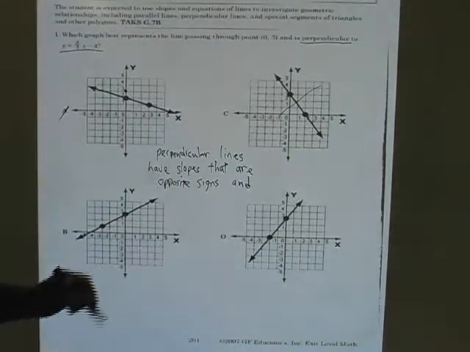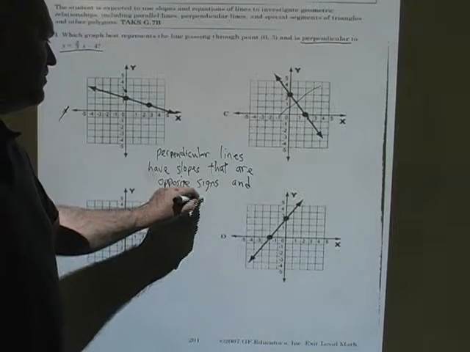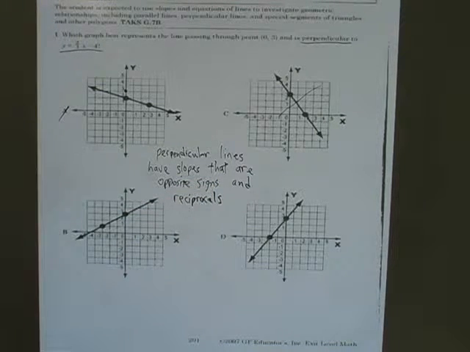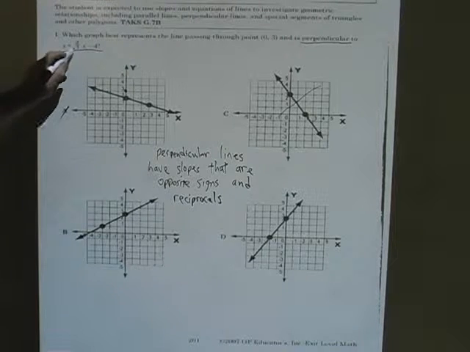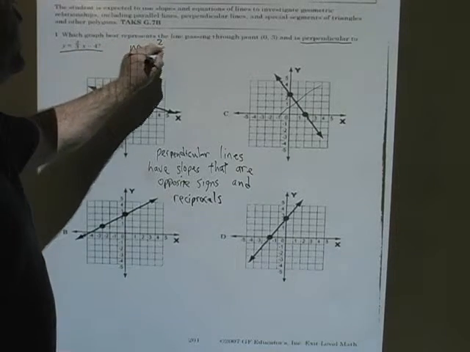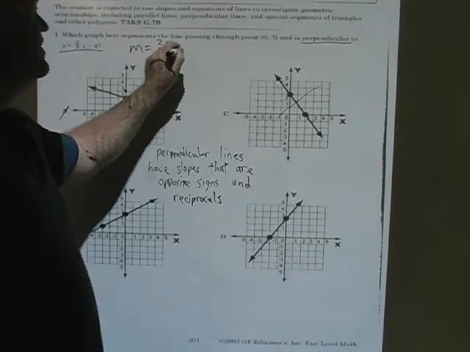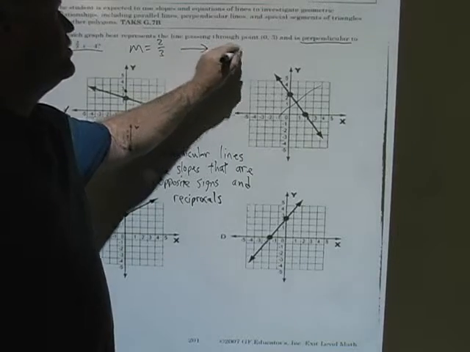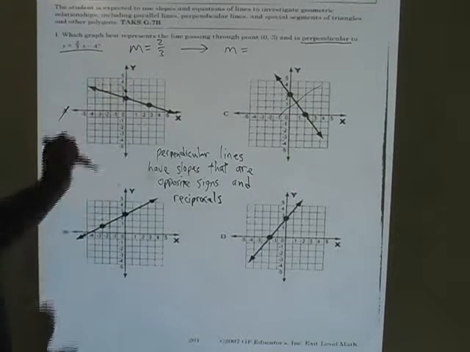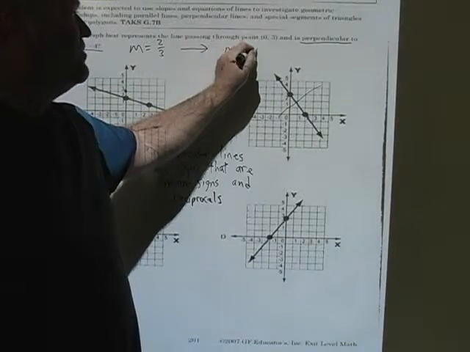And they are also reciprocals of each other. So we'll just say they are opposite signs and reciprocals. So if this line has a slope of 2/3, then the line that we're looking for that's perpendicular to that line is going to have a slope of, okay, they're opposite signs, so it needs to be negative.